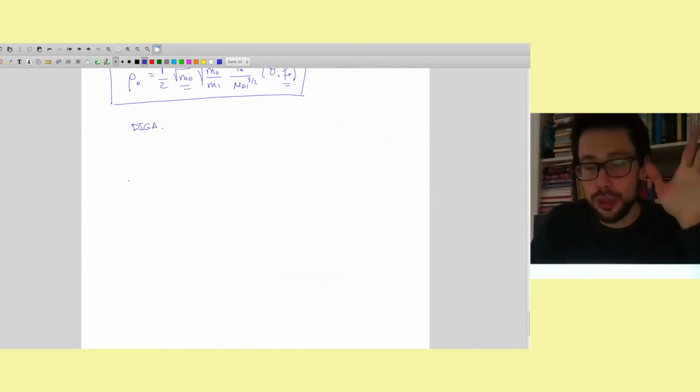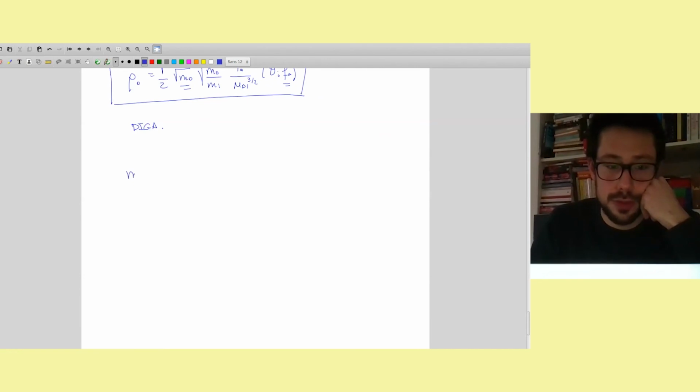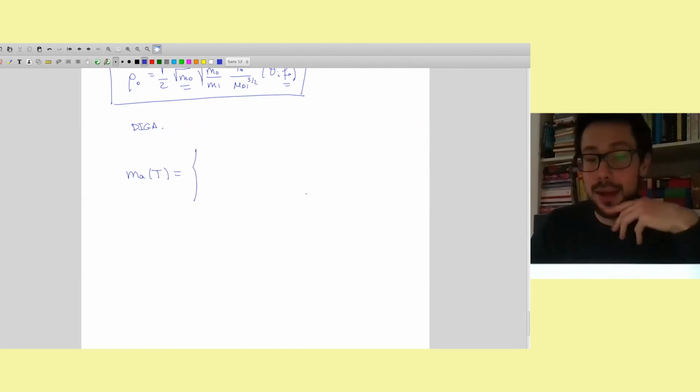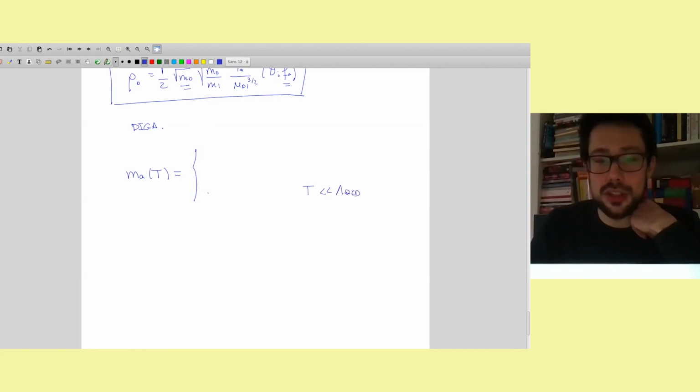But in general, the bottom line that you need to remember is the mass of the axion as a function of temperature. When the temperature is way smaller than Lambda QCD, the axion mass is constant.